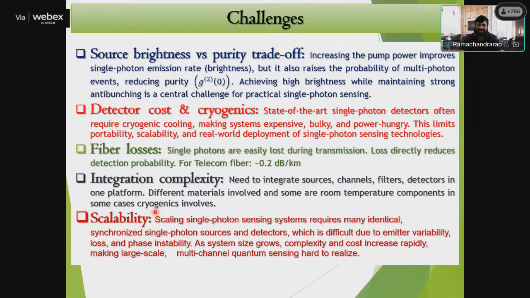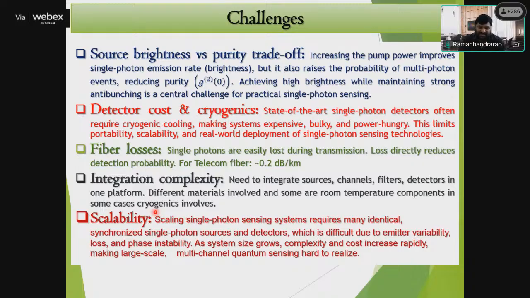And the scalability. Suppose you prepare a single photon sensor, and if you go and prepare the same again, you will never get the same. This is one of the problems. Getting identical ones is very difficult in these experiments, whether it is a single photon emitter, a quantum channel, or a detector.